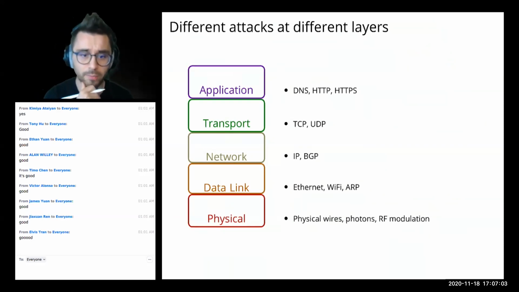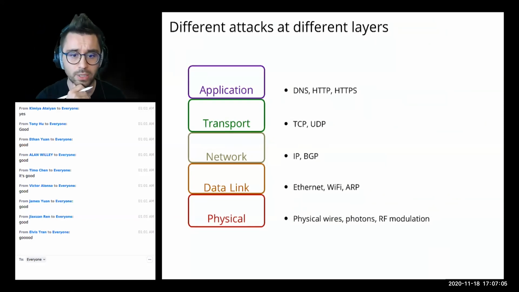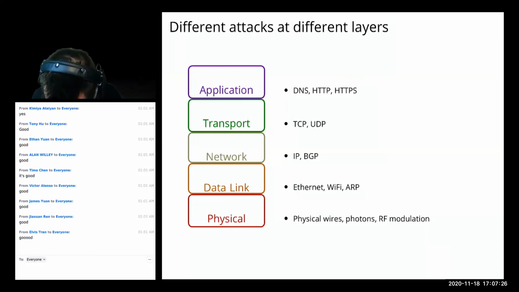So at the link layer, then we're going to look at attackers at the IP layer and BGP, then attacks on TCP, and finally attacks on critical application network infrastructure like DNS, and a little bit of HTTP, but your assignment actually has you carrying out HTTP attacks at the network layer. So we won't go too much into that here.